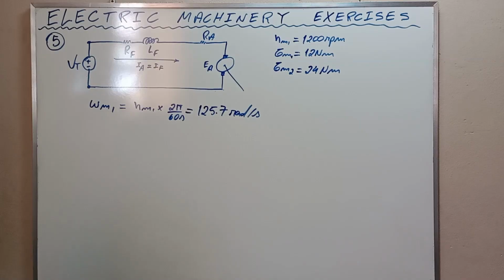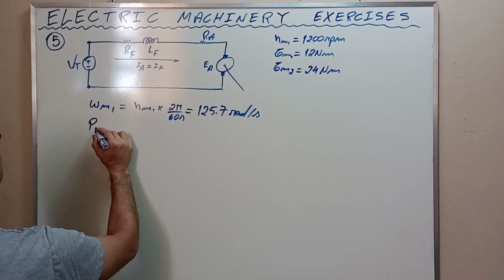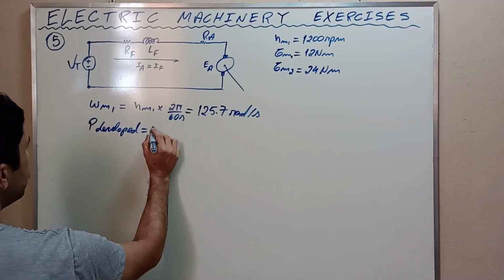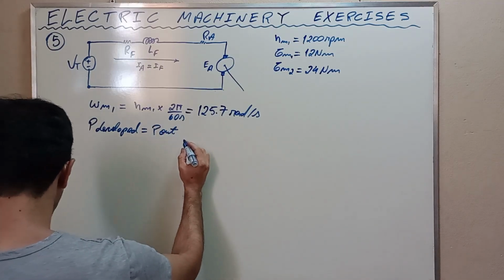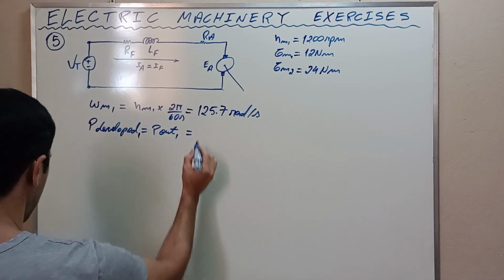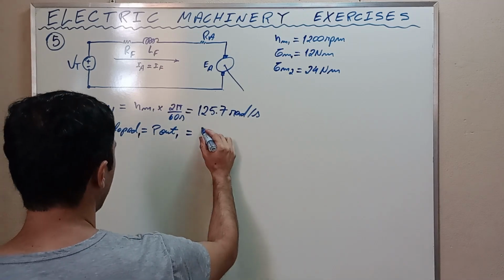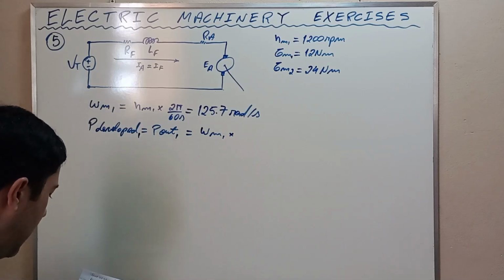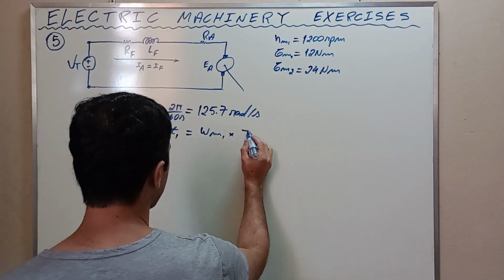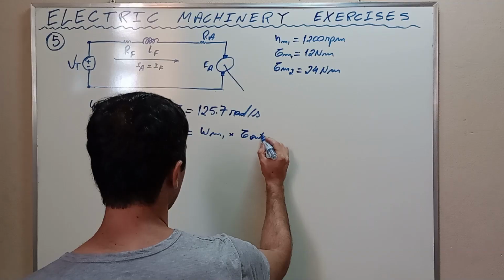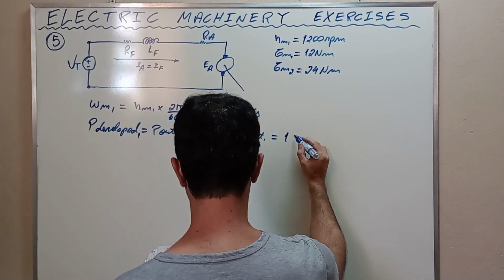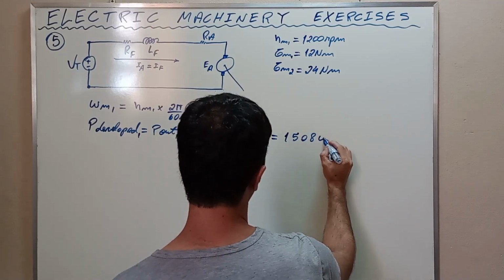Okay, my friends, and the output power is equal to the developed power because we are neglecting losses. Then the developed power is equal to the output power 1, which is equal to the velocity 1 in radians per second times the torque 1, and this is equal to 1508 watts.